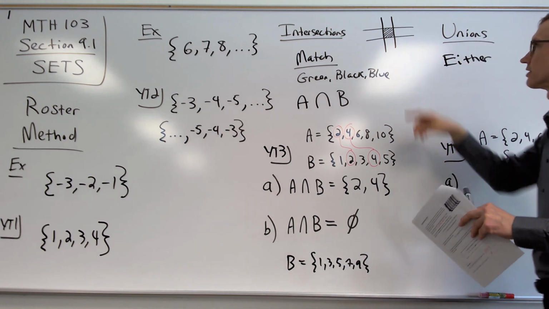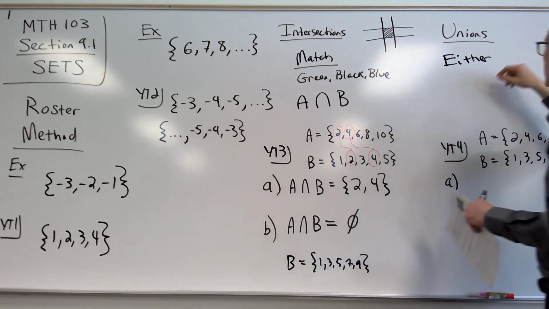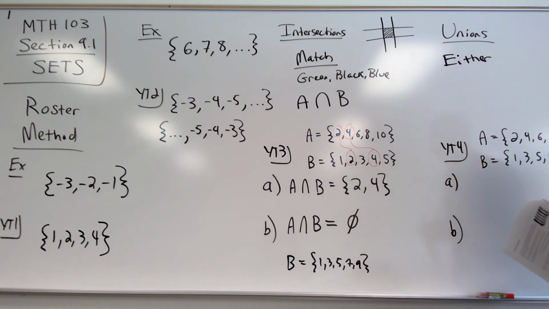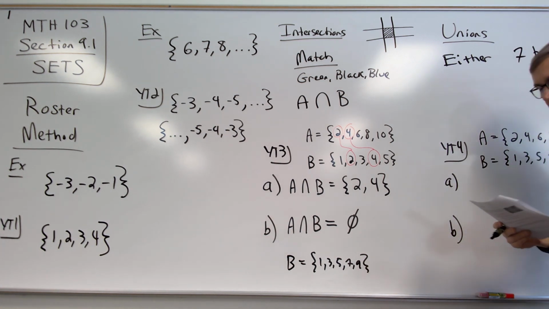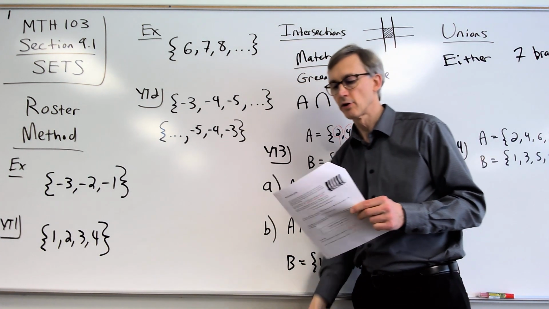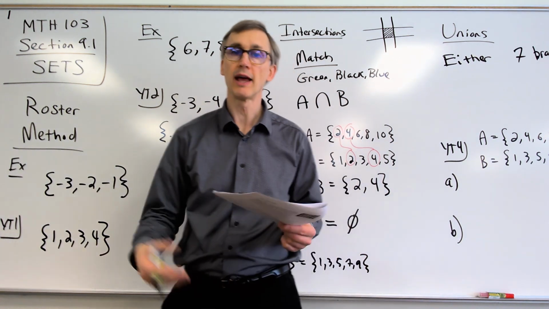So if the keyword for intersections is match, a keyword for unions might be either. Anything in either place. And there are 7 different brands. All right, we've got Nordica, Solomon, Armada, Rossignol, Head, K2, and Atomic.